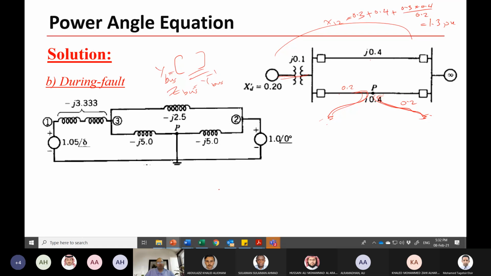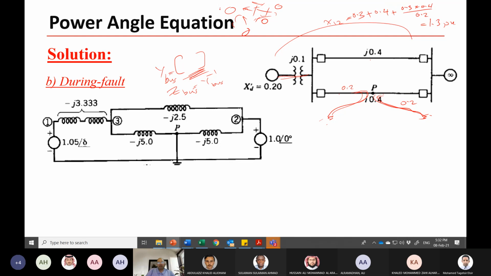Okay, but before doing so, in order to get the transfer impedance, we need to eliminate buses, and this is generally the case for a multi-machine system. If you have several generators here and there, and several transmission lines connecting all these buses, we build the Y bus, and then we can eliminate all the buses except those of generators.